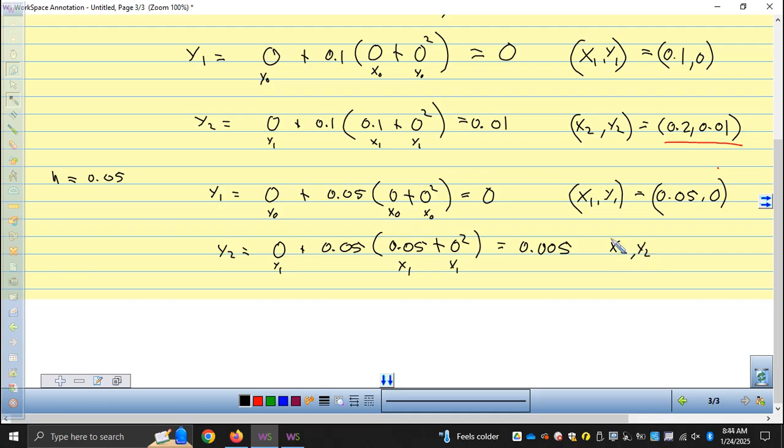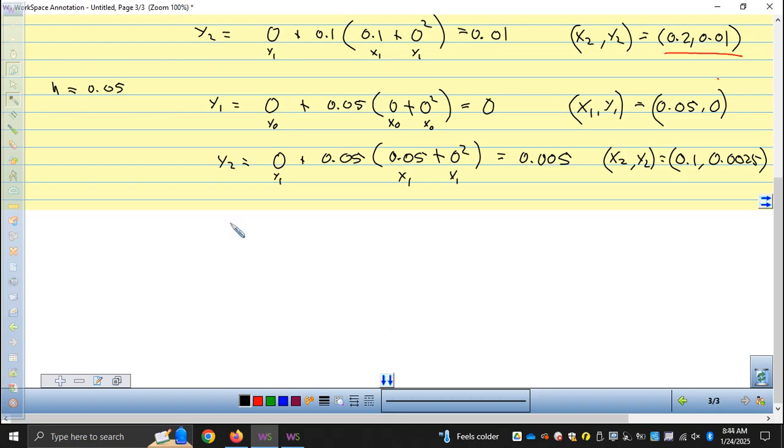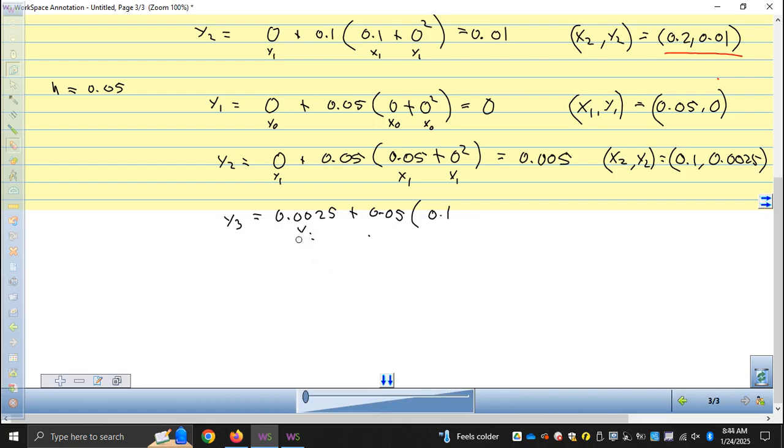So x2, y2 is 0.1, because we've gone 0.05 from here, and 0.0025. y3 is 0.0025 plus 0.05 times 0.1, this is x2, plus 0.0025 squared, that's y2.